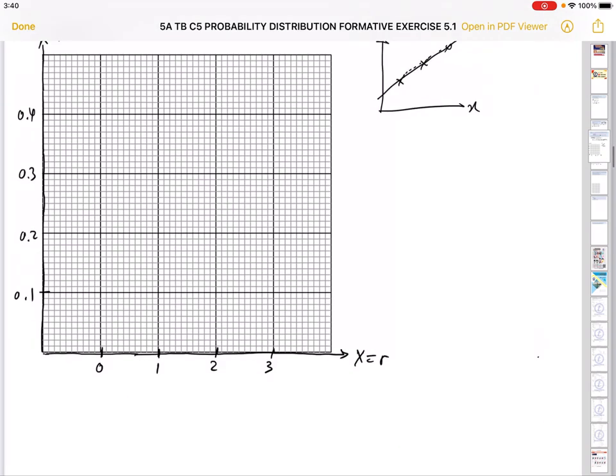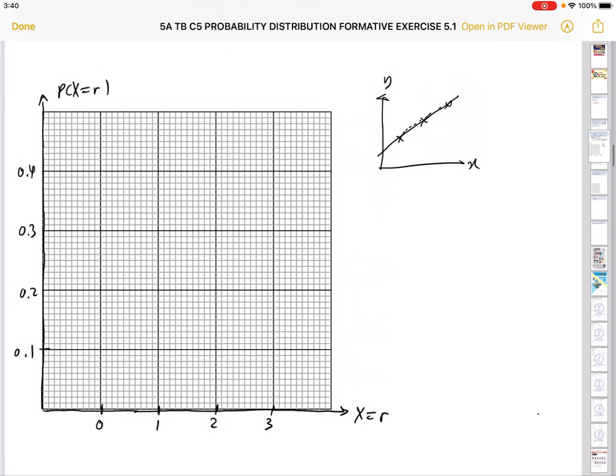So at 0, your value is 0.2. So let's put a cross here. Then you draw an impulse graph, a vertical line. Next, at 1 is 0.35. 0.35 is over here. You put a cross, line downwards. 2 is 0.3.